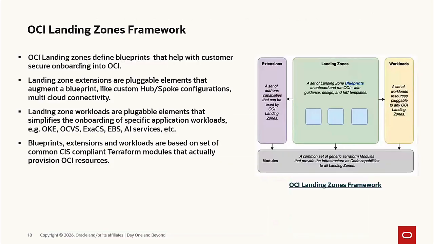An extension example is a specific hub-spoke network configuration with a particular network appliance. Workloads are the required services for running your applications. Examples of workloads are compute instances, GPU clusters, Kubernetes clusters, Exadata cloud service, databases in general, streaming.